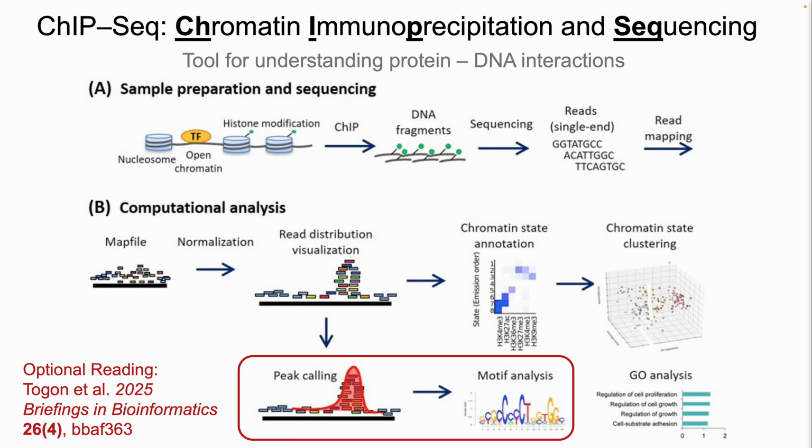Once you've identified peaks, this step is sort of straightforward, but you can imagine that when you do sequencing, most of the time what you pull down is a few hundred base pairs long. Our transcription factor binding site is only somewhere 9 to 18 base pairs long. So where in that 300 is my transcription factor binding site? That's not a trivial question.